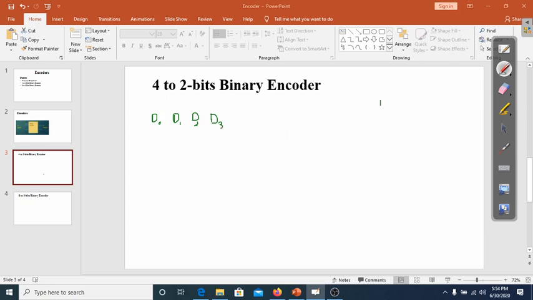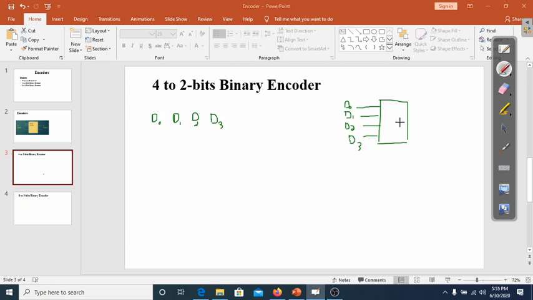So here the block diagram is like this. It is a 4 cross 2 binary encoder. So we have 1, 2, 3, 4 input data lines. Those are D0, D1, D2, and D3. These are the inputs.